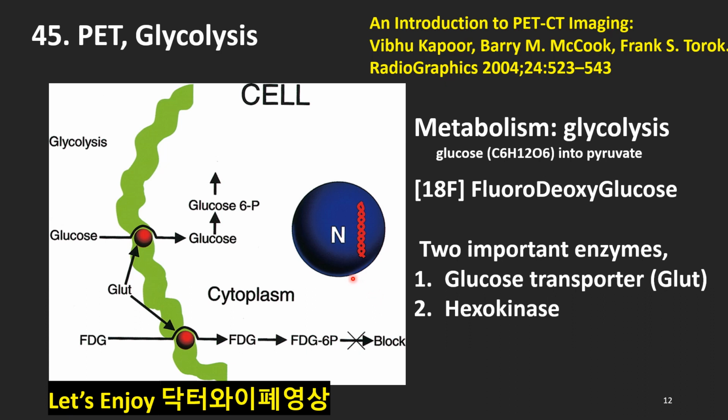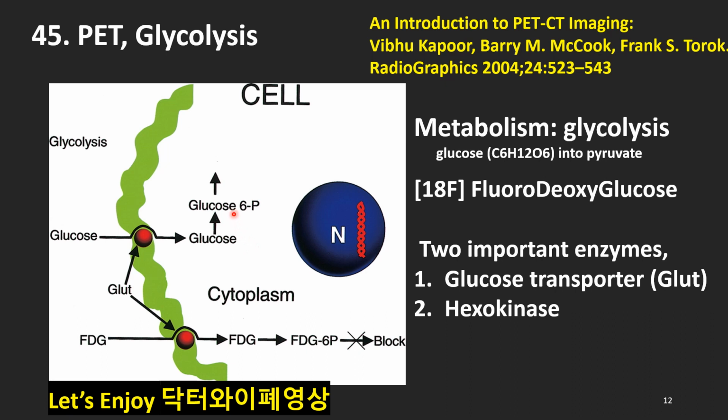This is the figure. The navy color is the nucleus, and the green is the cell wall of our body, normal or abnormal cell wall. Outside, there is glucose or FDG. In the cell wall, glucose transporter brings them into the cytoplasm, and the usual glucose goes through phosphorylation by hexokinase.